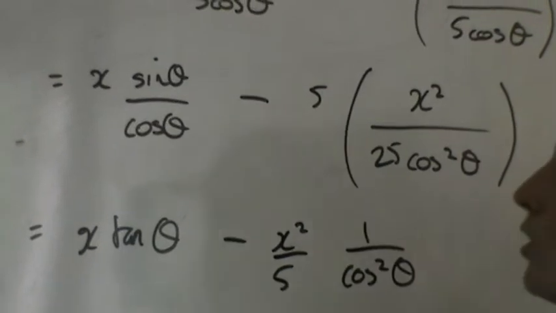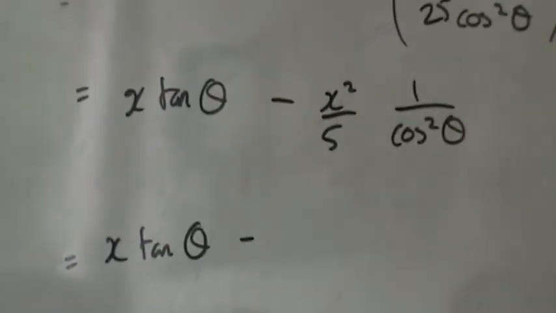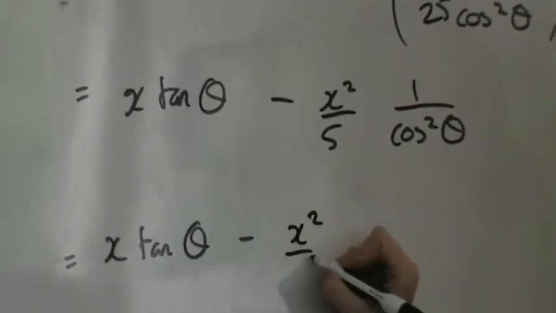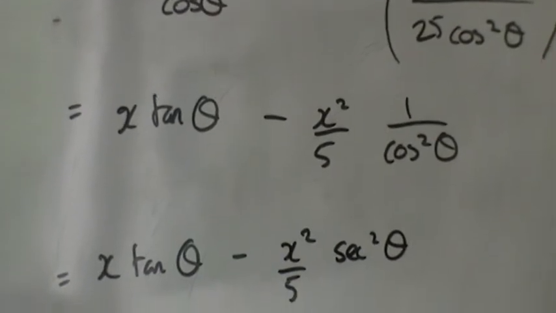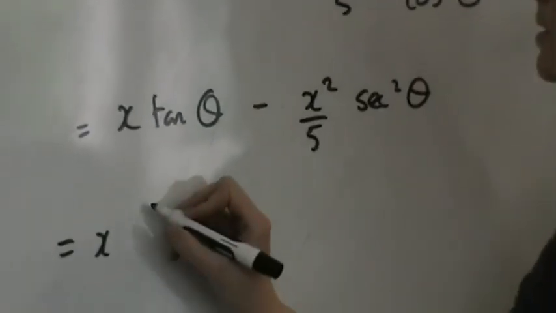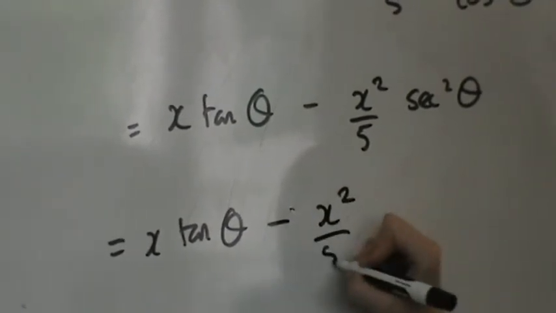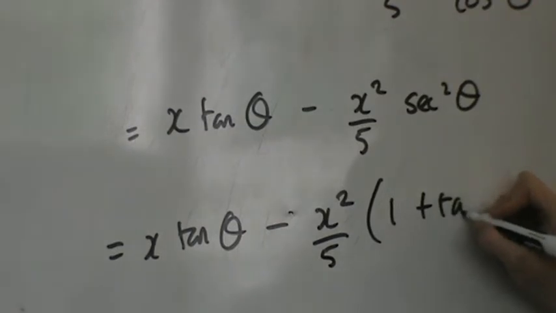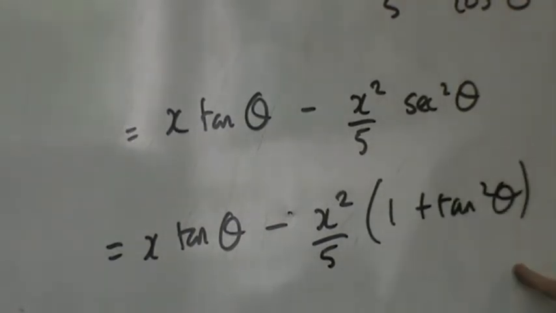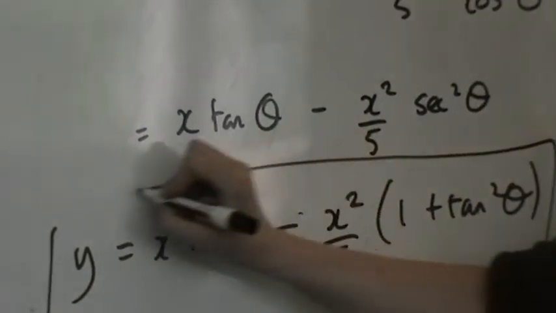Now we know that 1 over cos theta is sec theta, so this is x squared over 5 times sec squared theta. And then we can replace sec squared with tan squared plus 1, or 1 plus tan squared theta, which is what we're aiming for. So we've now got our equation as asked for.